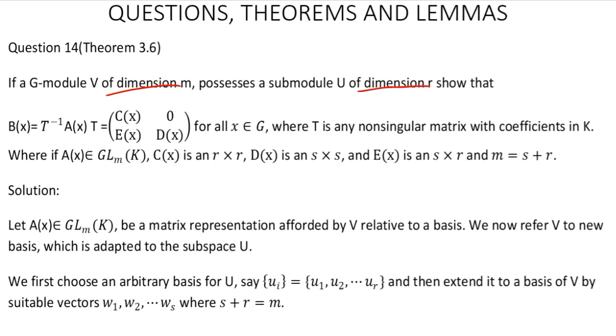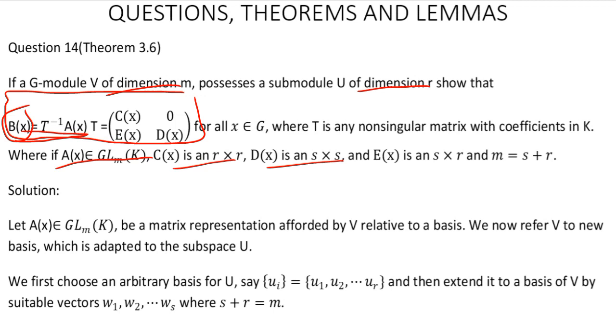We want to show that this equivalent matrix B(x), an equivalent representation which we have shown earlier in chapter 1, is the same as this, where T is any non-singular matrix with coefficients in K, and A(x) is taken from the general linear group GL(M, K), an M by M matrix, and C(x) is an R by R matrix, D(x) is an S by S matrix, and E(x) is an S by R matrix.